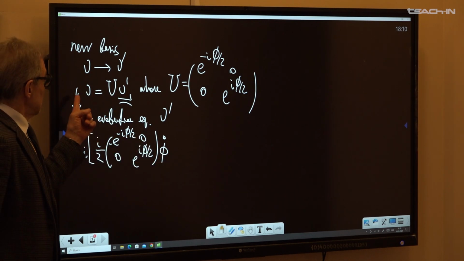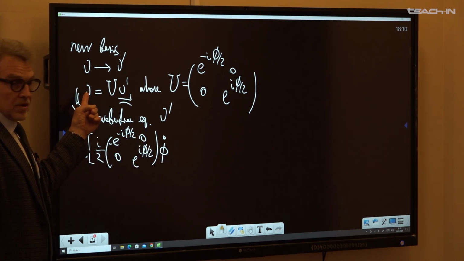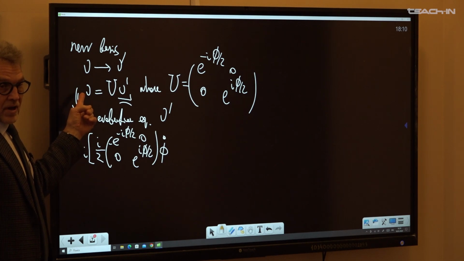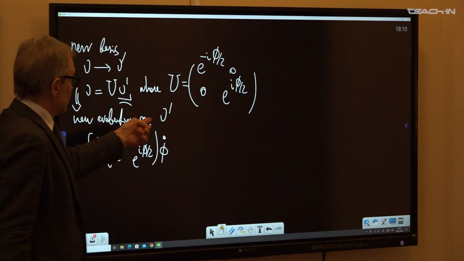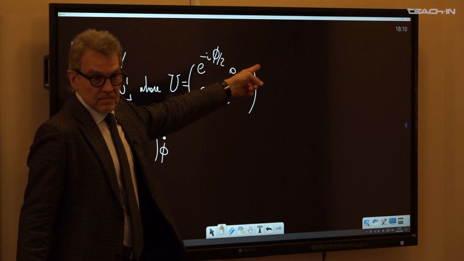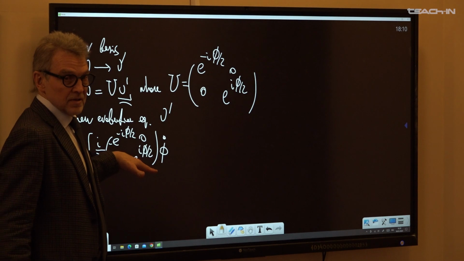I just put this in the equation and calculate the derivative d over dt, accounting for the dependence of phi on t. So this extra term appears here.